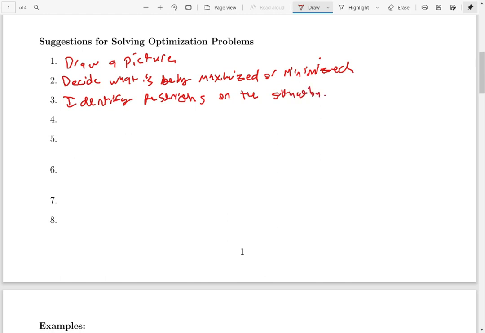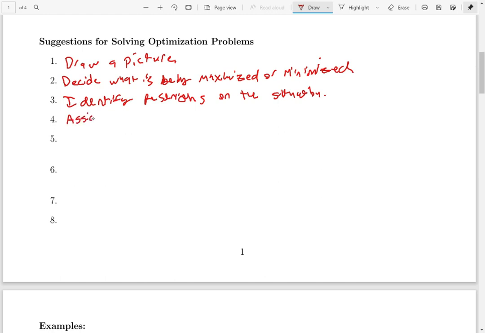Now, when I say identify restrictions on the situation, realize that if we're talking about some length, then usually lengths will not be negative for us, and so you'll automatically have restrictions that may not be stated clearly but are implied, that your values have to be bigger than 0 or equal to 0. And so realize that we need to identify our real-world restrictions on whatever situation is being mentioned.